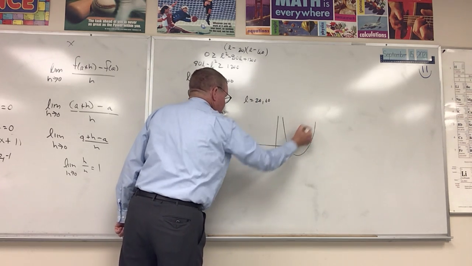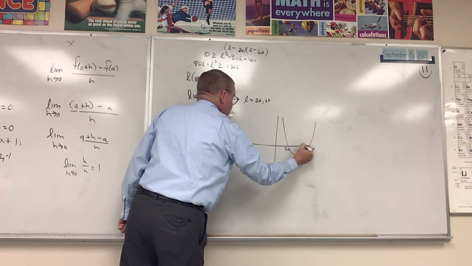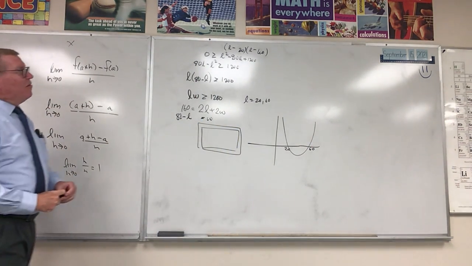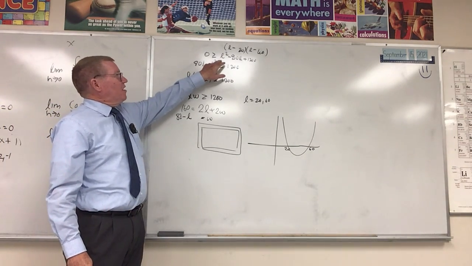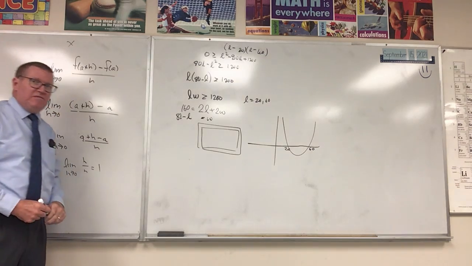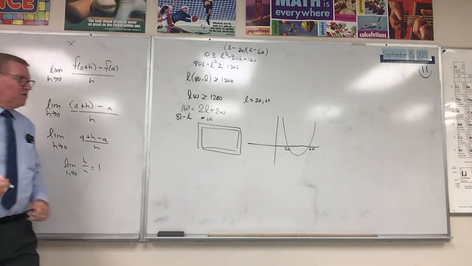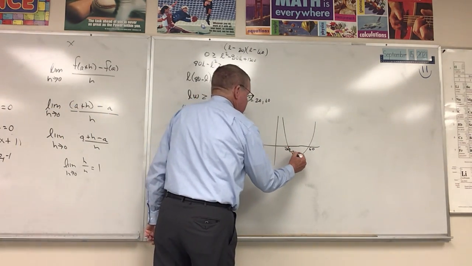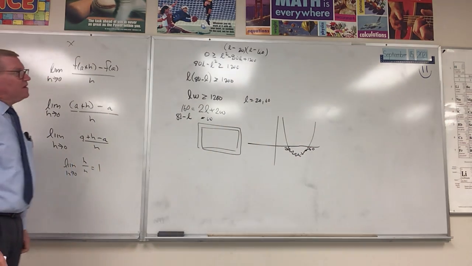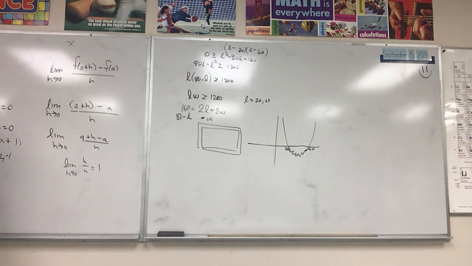This is 20, and this is 60. I'm looking for all the values that will make this less than 0. So that's everything between 20 and 60, also including 20 and 60. All right? One second, I'm confused.